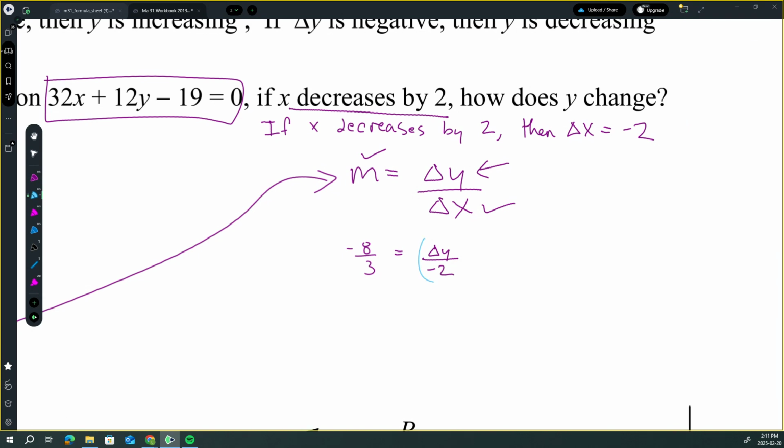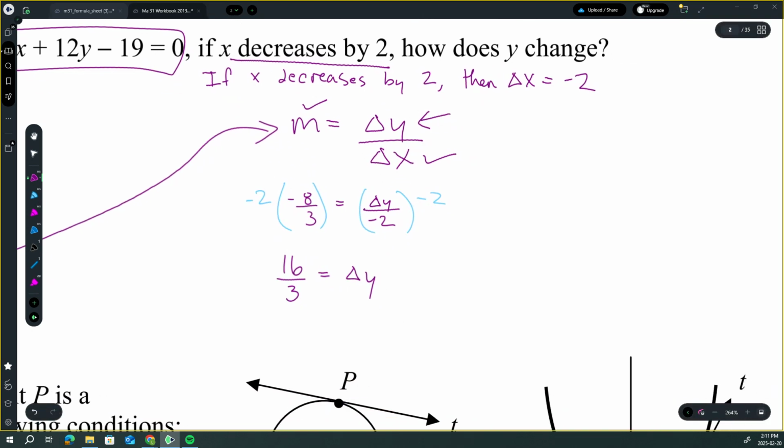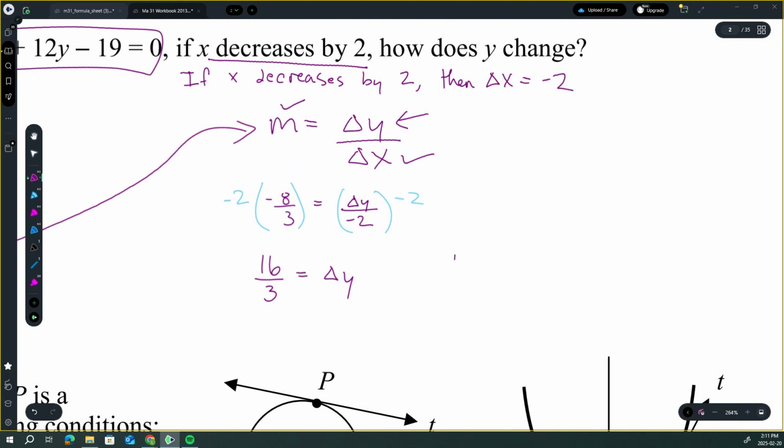If I multiply both sides by negative 2, we get positive 16 over 3 is equal to the change in y. So what we can say is y increases by 16 over 3 units.